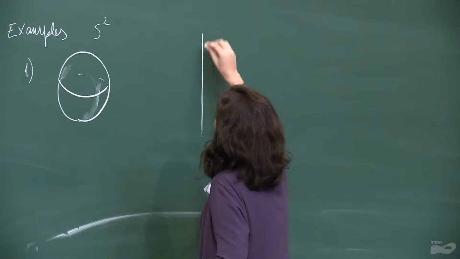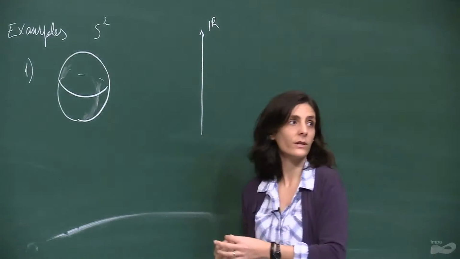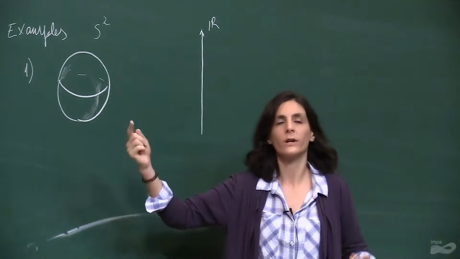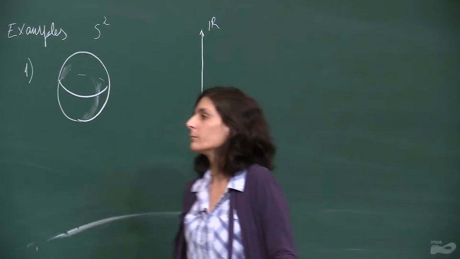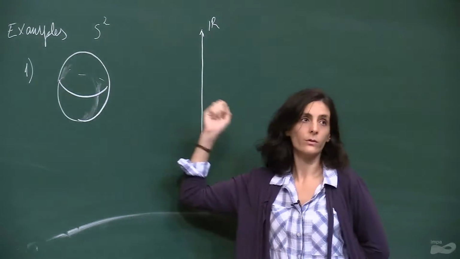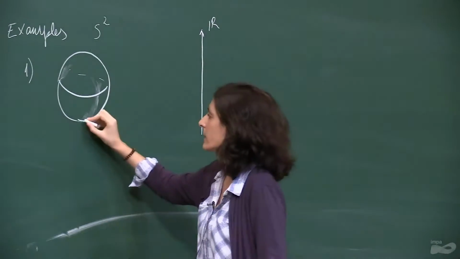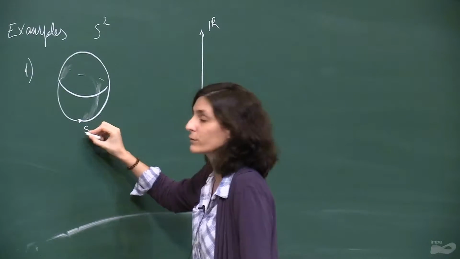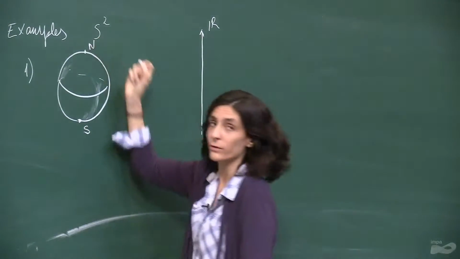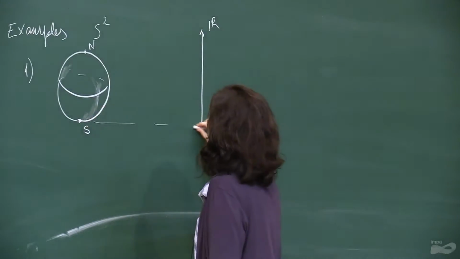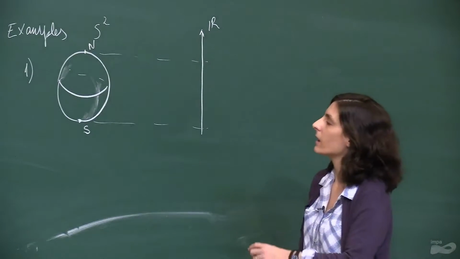So this is a map from S2 to R. If you want, to each x1, x2, x3, it maps to x3. Okay? So here I'll have two critical points. This minimum, let me call it S for south pole, and a maximum, which I'll call N for north pole. Okay? I have these two critical points.